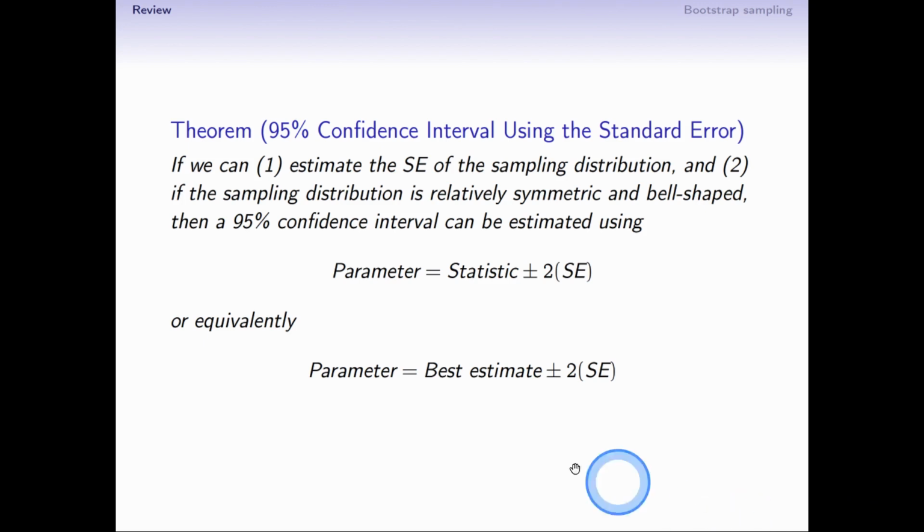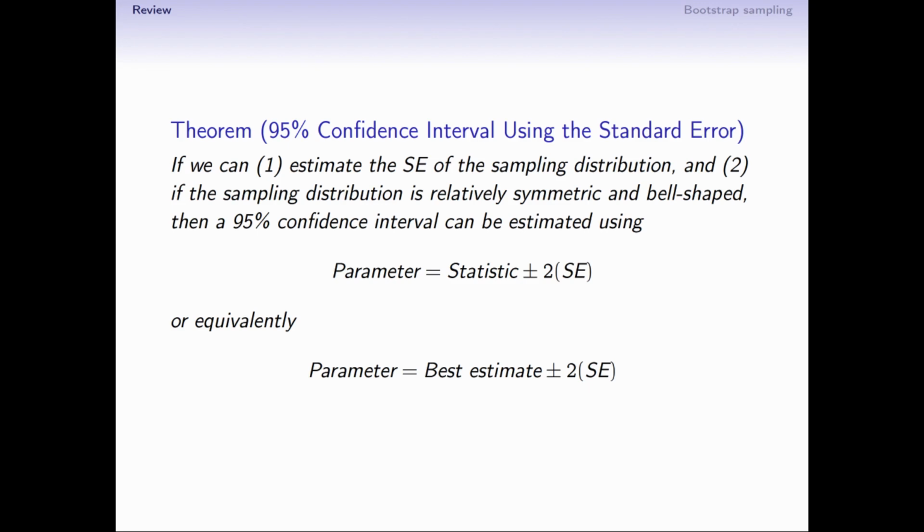In both cases, our statistic or our best estimate forms the center of our confidence interval, and the radius of our confidence interval is given by 2 times the standard error. In this case, 2 times the standard error is also called the margin of error.